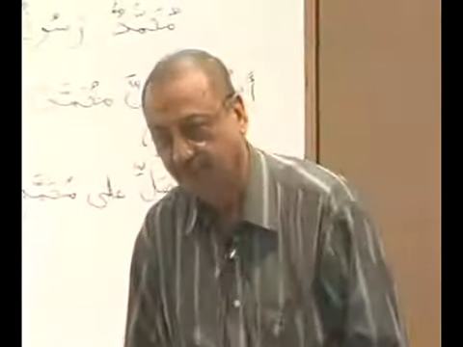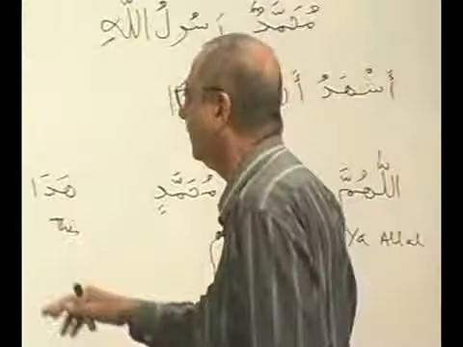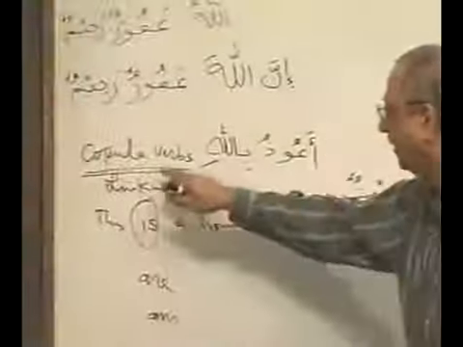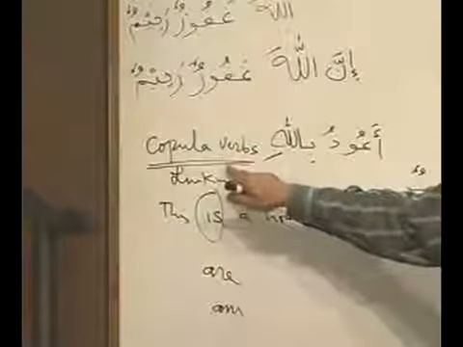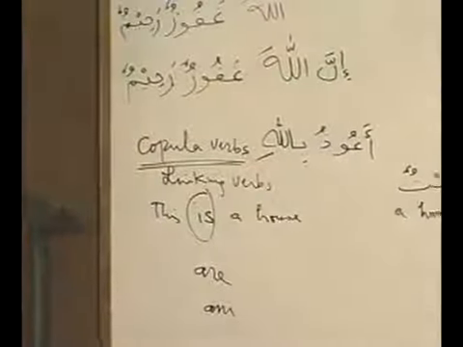There is no is or am or are in Arabic, so you have to keep that in mind. What are is, are, am called in English grammar? Copula verbs. So in Arabic there is no linking word. It is understood to be. We understand it, but it's not there. Okay, brothers and sisters?